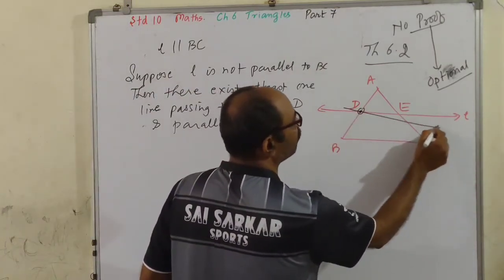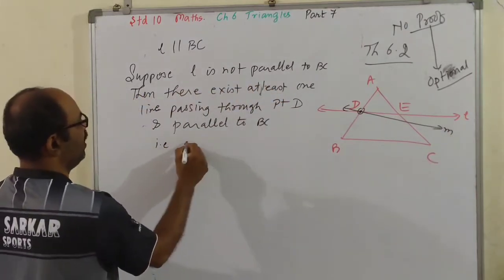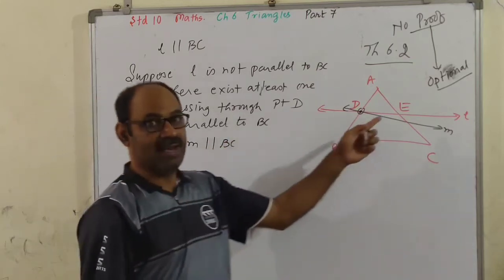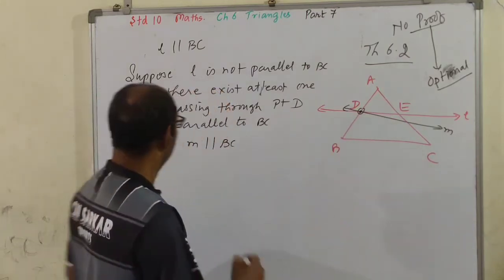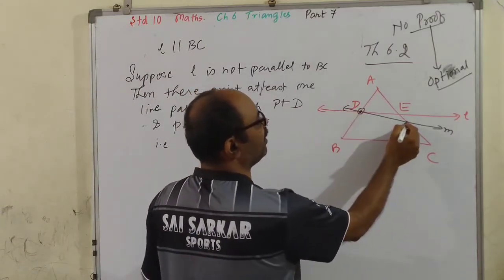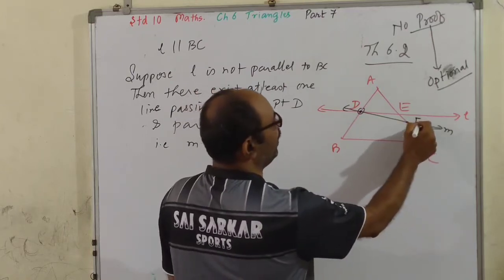Today I will take it like this, no problem. And that line is this, that is, M is parallel to BC. That other line I called M. And it is already intersecting AB in point D, and it will intersect AC also. Let's say in point E dash.